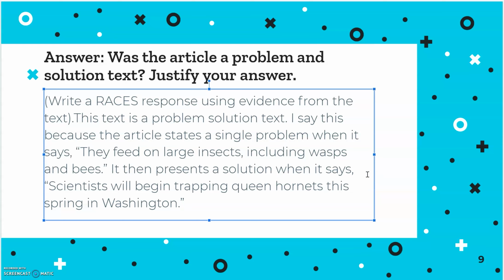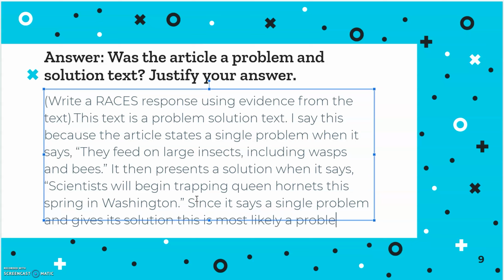So that's our first steps, right? I reworded the sentence, and I answered it. I say this because it states a single problem when it says, and then I give the evidence, and then I explain that instance. Since it says a single problem and gives its solution, this is most likely a problem solution text, right?